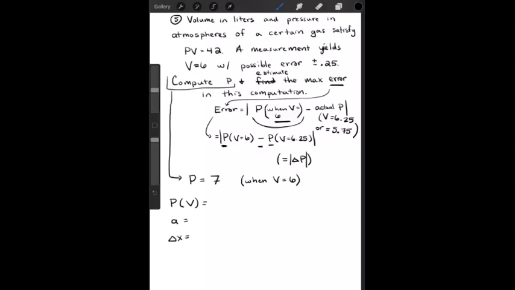And anytime we want to estimate the difference between two things that are different values being plugged into the same function, then we need to know the function, the a, and really this should be delta v. So where did we get, there we go. Thank you.